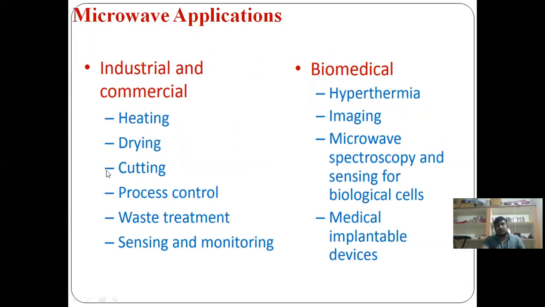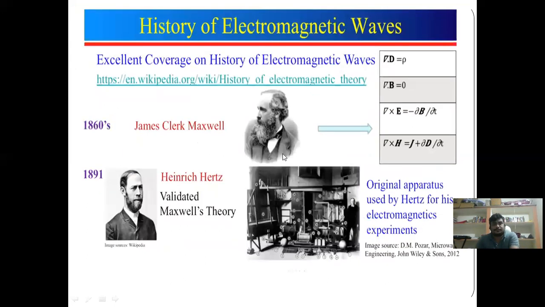I already discussed the microwave oven, used in homes. Industrial and commercial uses include heating for drying, cutting, process control, waste treatment, sensing and monitoring. In biomedical, we have implantable devices, hyperthermia, imaging, and microscopy. So we have different types of applications.